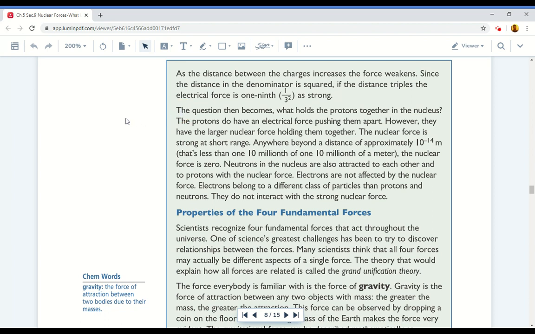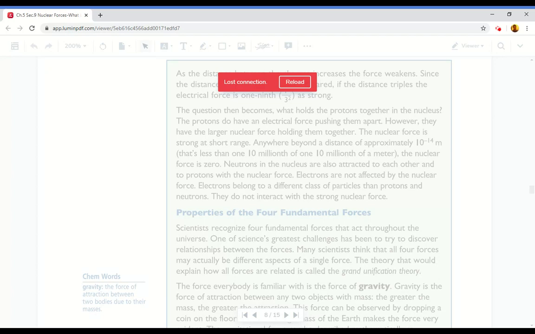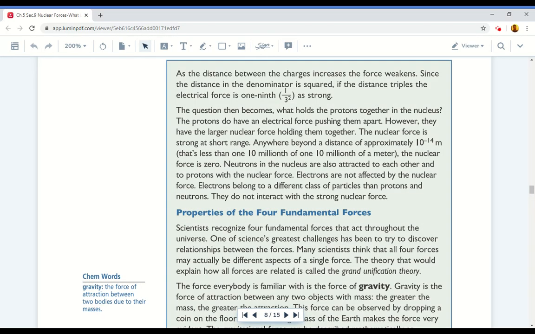The question then becomes, what holds the protons together in the nucleus? The protons do have an electrical force pushing them apart. However, they have the larger nuclear force holding them together. The nuclear force is strong at short range.